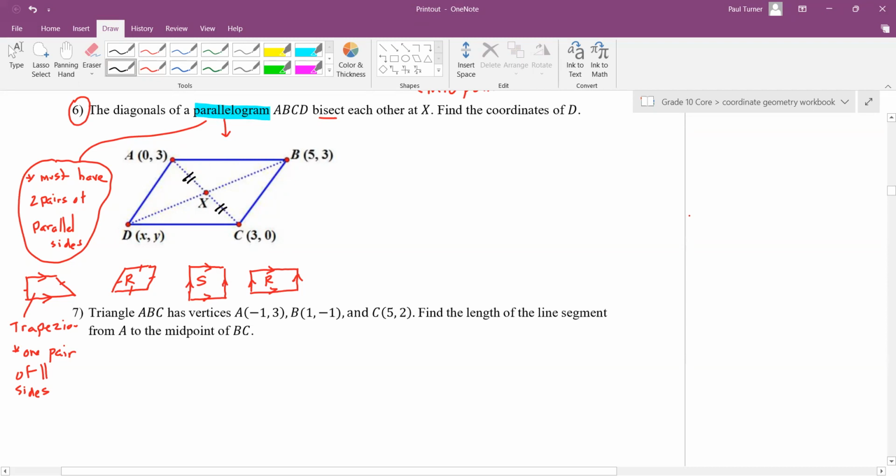So x here is the midpoint of AC, and also x is the midpoint of DB, but these lengths obviously look different, and they are different in this case. So first thing to do, can you find the midpoint of AC? So get the midpoint of AC, which is x. You'll get a coordinate pair there, ordered pair, and then use that number to get D.